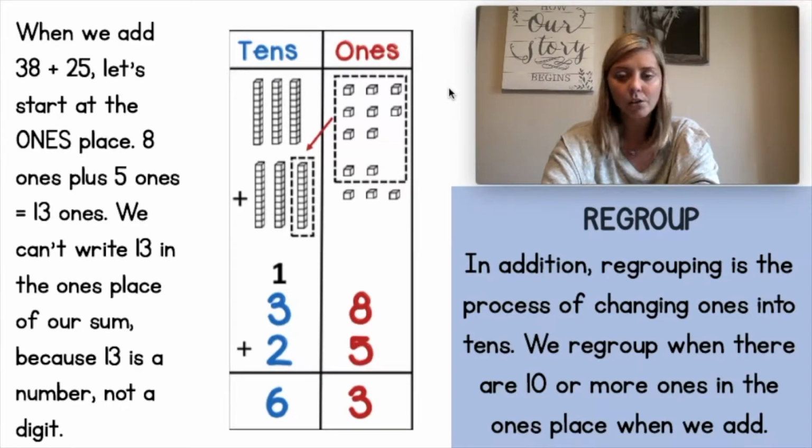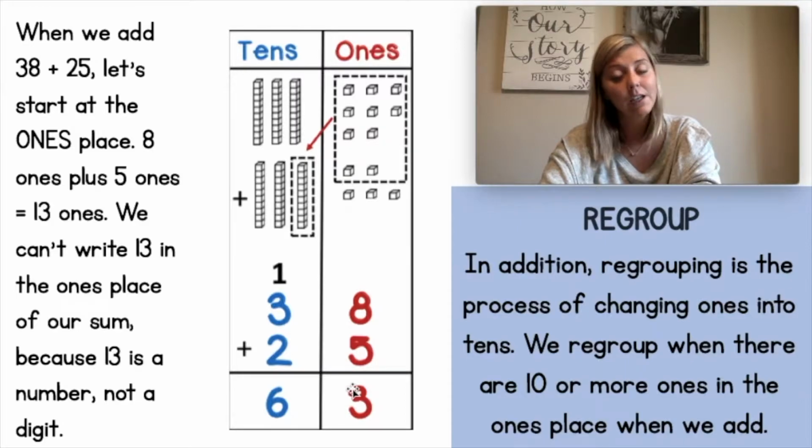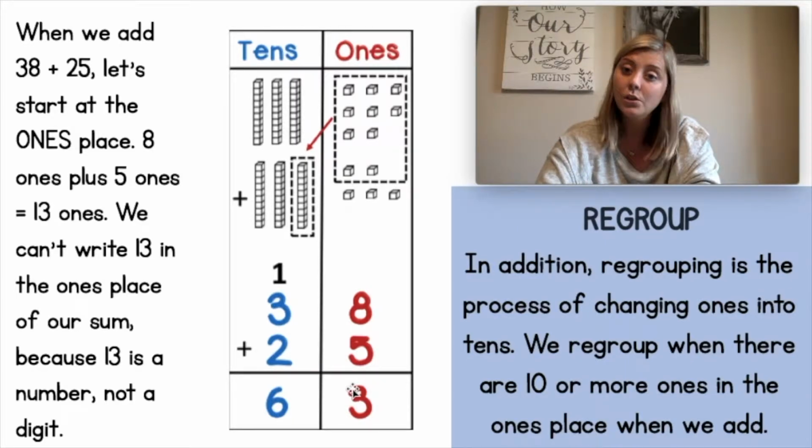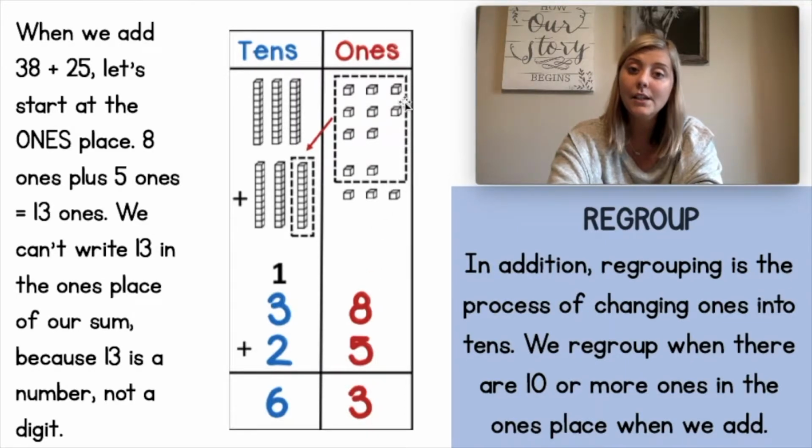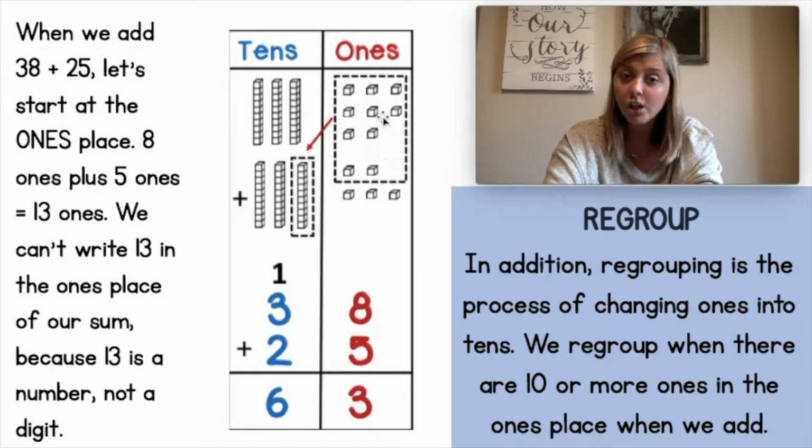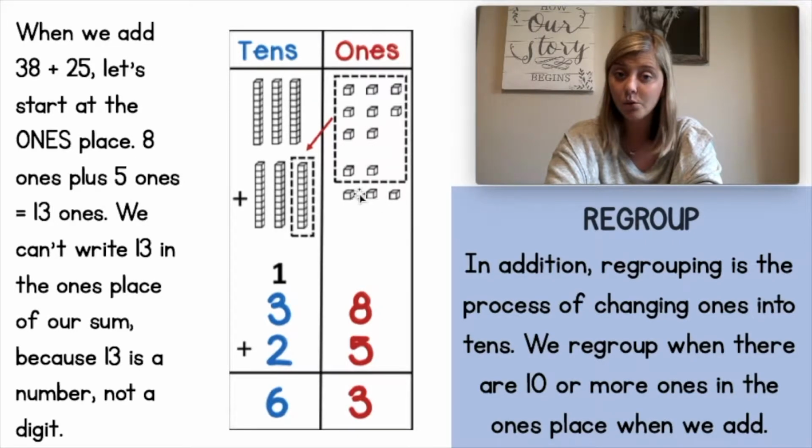And we can't write 13 in the ones place because 13 is not a digit, it is a number. So what we're going to do to fix that is we're going to take 10 of these ones from 13 and we're going to move it over here to the tens place. So these 10 ones just became a 10, and now we only have 1, 2, 3 ones left. So those 3 ones are going to come down and go right there.